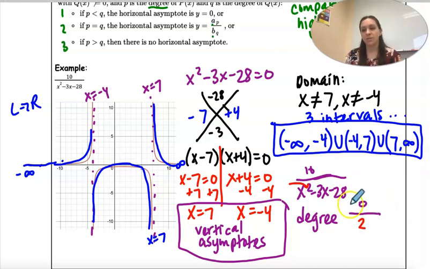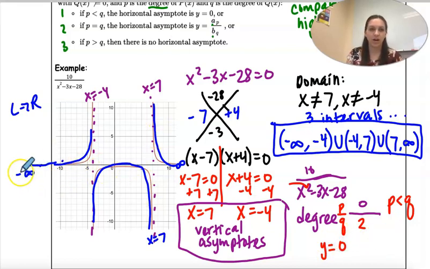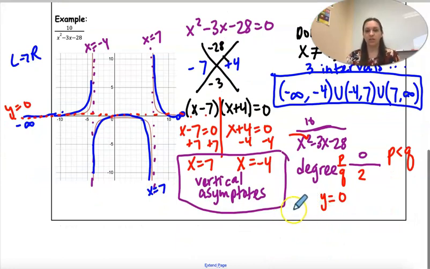And we call these numbers P and Q. So for this example, P is less than Q. So there's a horizontal asymptote at y equals 0. And you can see it when you look at the graph. It's along the axis. We never actually touch y equals 0. It's an asymptote. But that doesn't affect our domain because domain is only x values. So y equals 0 is your horizontal asymptote.